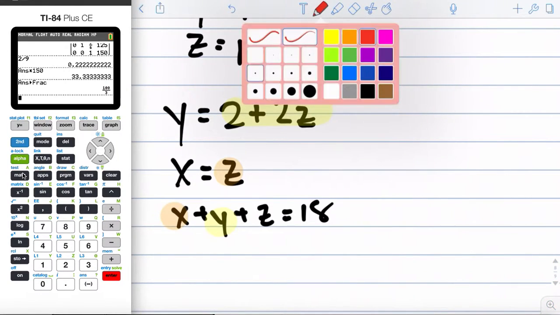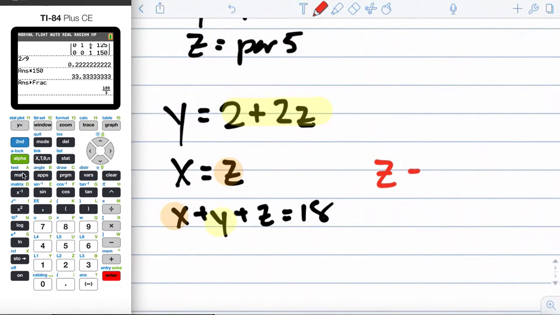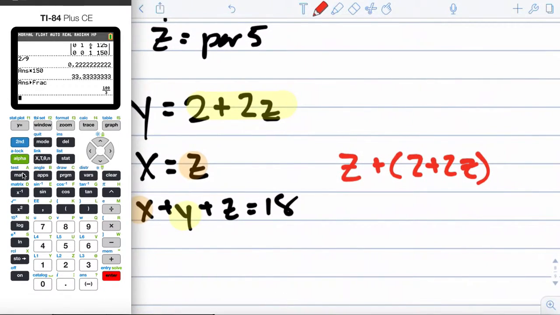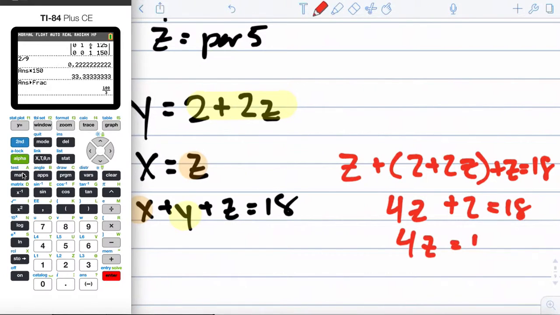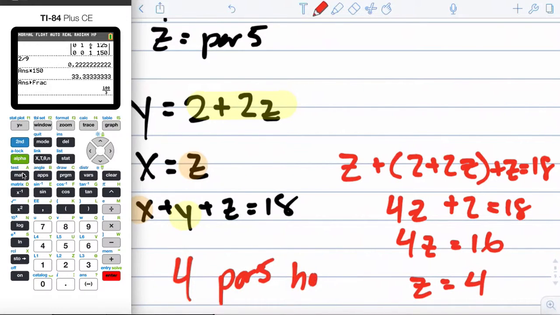And when we do that, we get this equation: z plus 2 plus 2z plus z equals 18. So I get 4z plus 2 is equal to 18. So we get 4z is equal to 16. So we get z is equal to 4. So there are 4 par 5 holes.